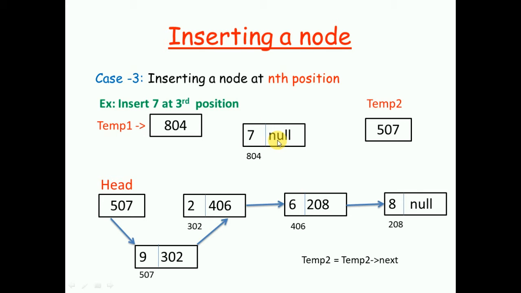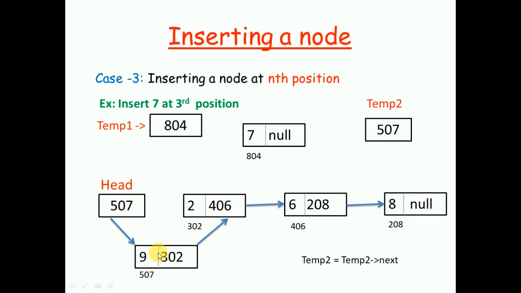What is our first step to insert a node at the nth position? First we have to move to the n minus 2th position. Here we want to insert a node at the third position. So what should our first step be? We have to traverse from the head node for 3 minus 2, that means 1 step.